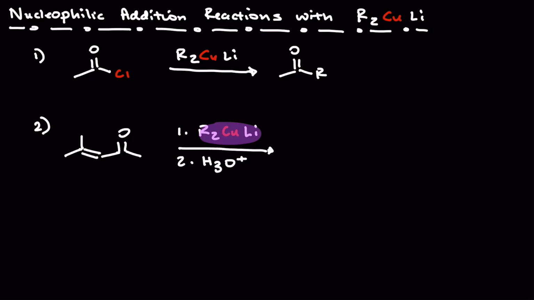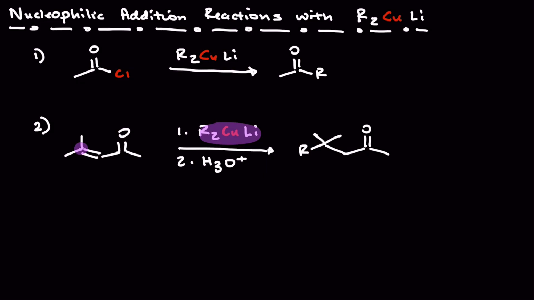The alpha beta unsaturated ketone serves as a Michael acceptor, and so the nucleophile is going to add on to that beta position of the electrophile to then form your elongated ketone product. And so we end up functionally doing a CC bond formation to form this extended organic compound. So this is our review.